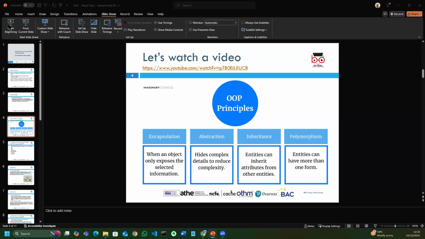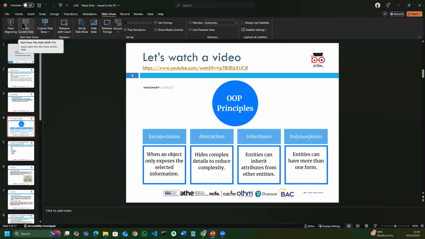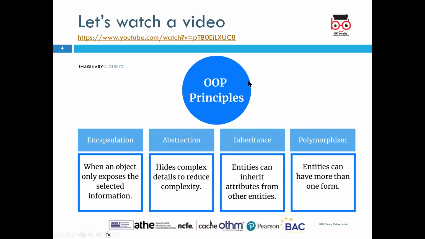Okay, so I hope the video was clear to everyone, where he explained the concept of object-oriented programming and the main purpose of the four pillars. So we know encapsulation is when an object only exposes selected information.